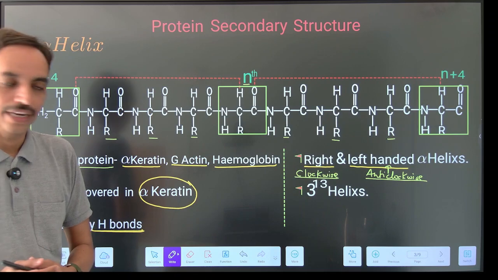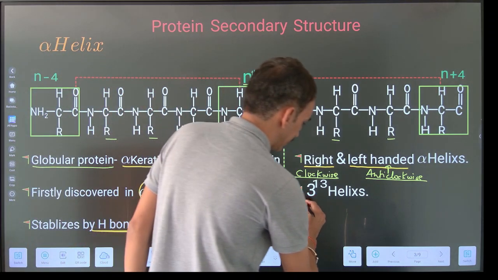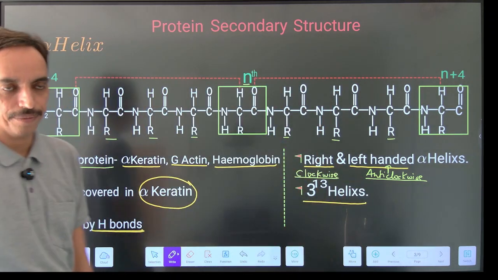Now, these alpha helices are also known as 3.13 helices. Why?